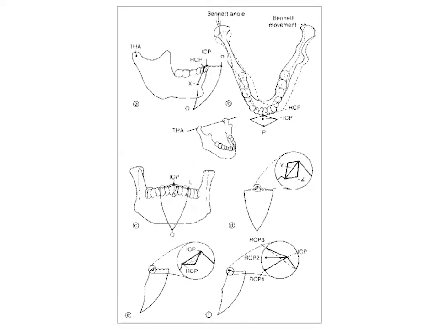Let's look at the border movements of the mandible in this picture. First, in picture A, the maximum possible movement of the tip of the lower central incisor is depicted.